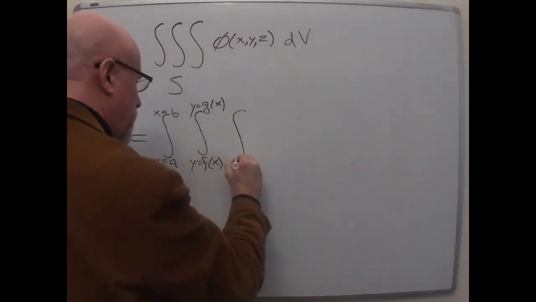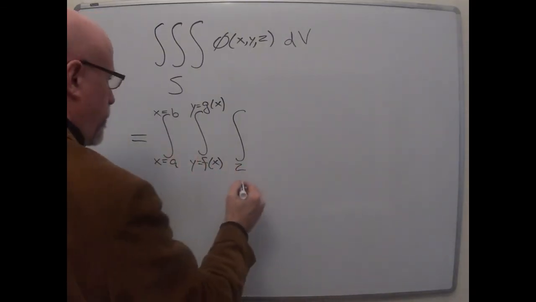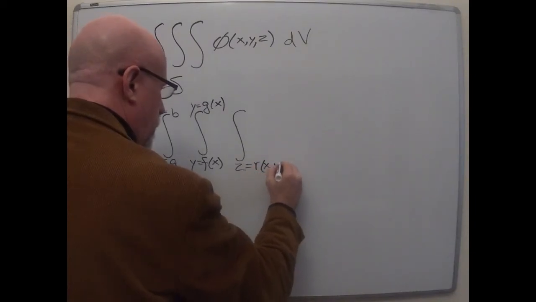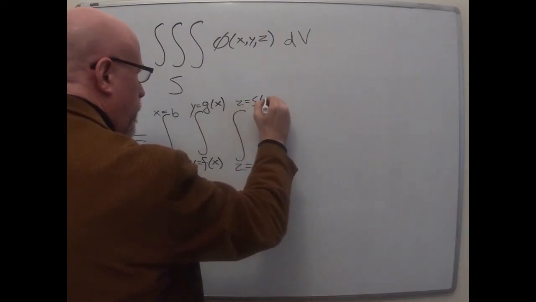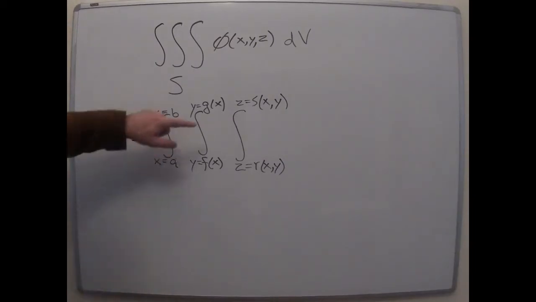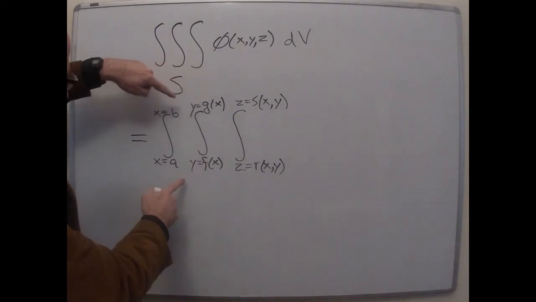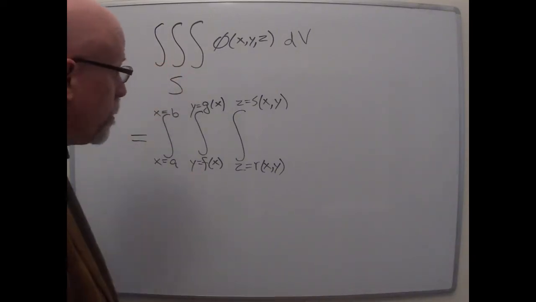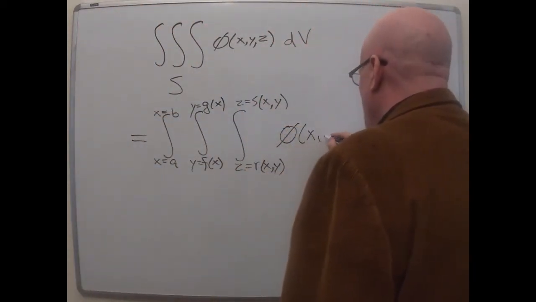And the innermost integral, z with functions, how about r of x and y? And z equals s of x and y. So you can have functions of two variables on the innermost integral, one variable on the middle integral, and it's got to be constants on the outer integral, or else you're not going to end up getting a number out of this. You have your phi of x, y, and z in here.